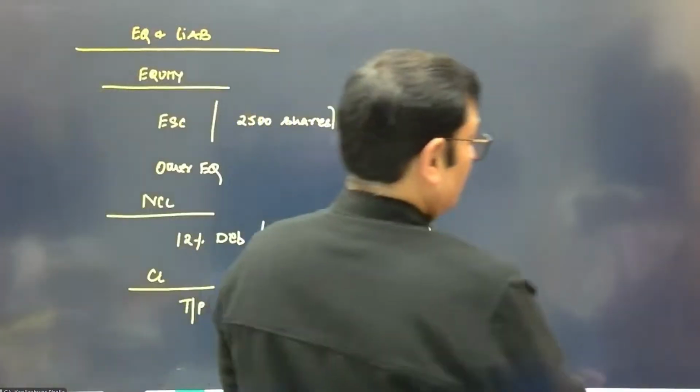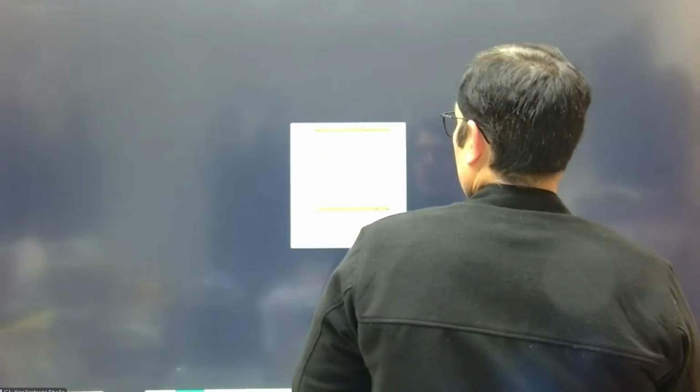Let me just check the answer in the study material as well. This is the A part. This is appearing at 12,500, 700 to BX and 550 to AX. Okay.